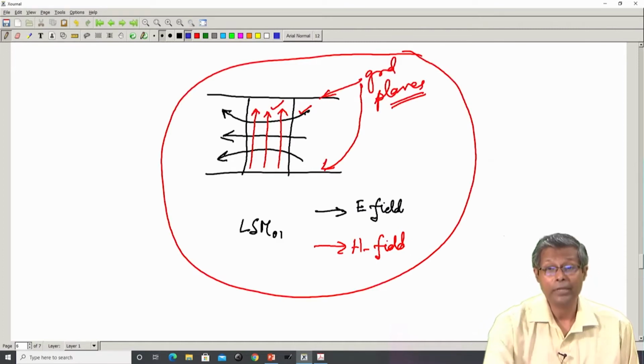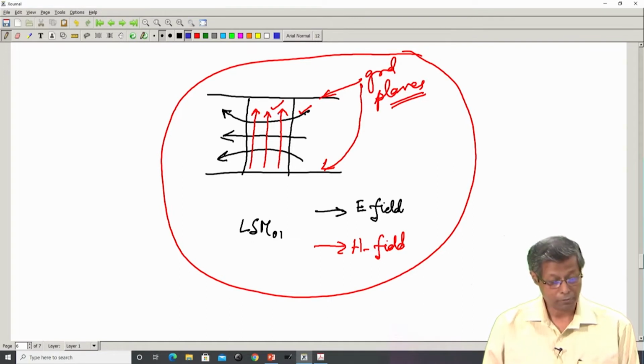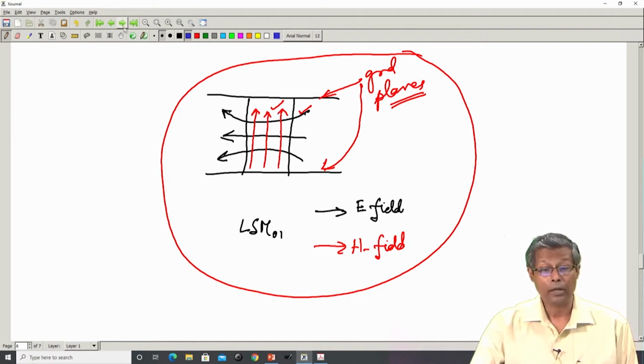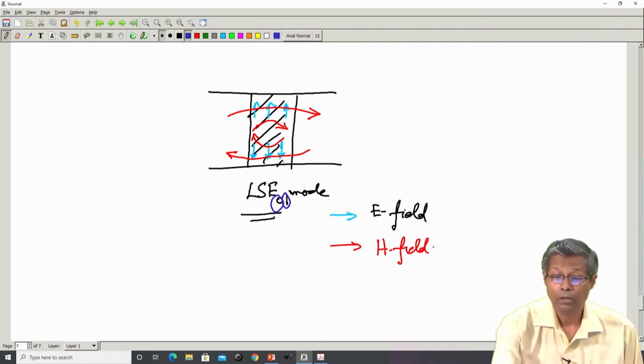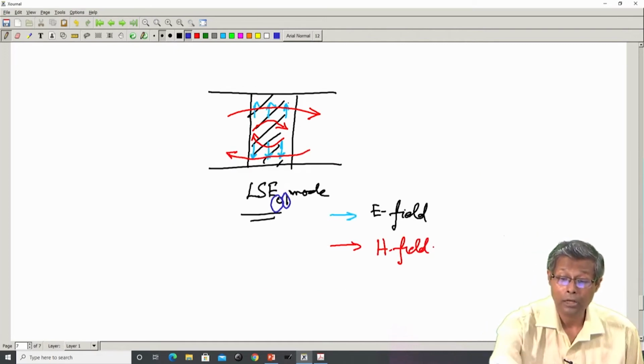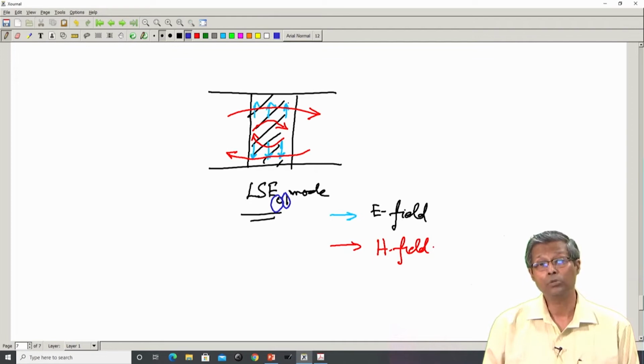The magnetic field is entirely tangential to the air dielectric interface, while for the LSE 01 mode no component of the electric field exists normal to the air dielectric interface. The electric field is completely tangential to the air dielectric interface. There is no normal component of the electric field to the air dielectric interface.